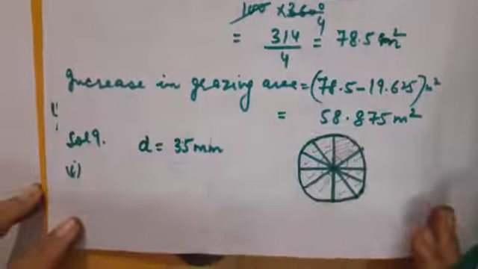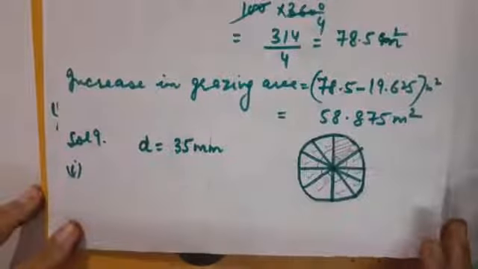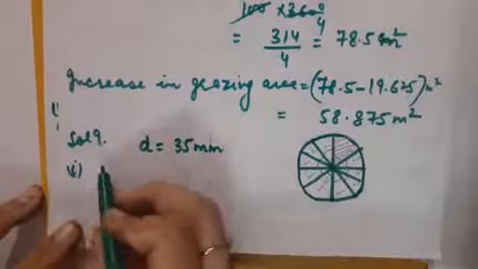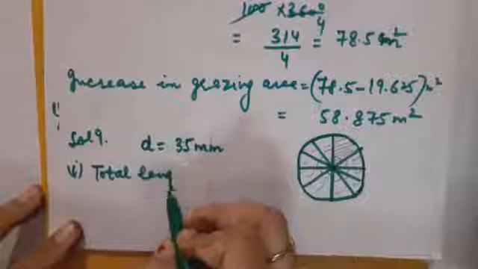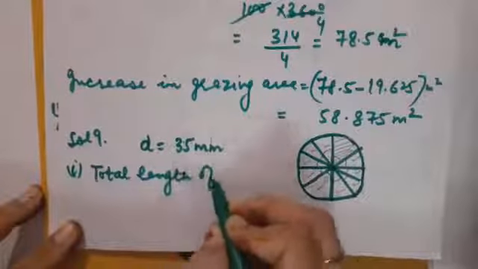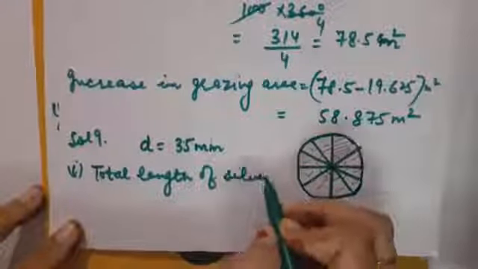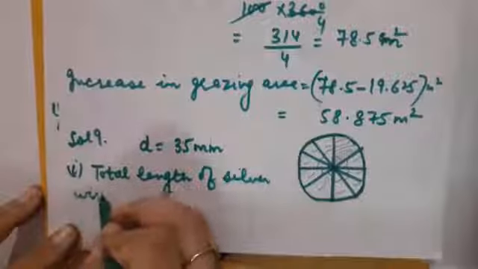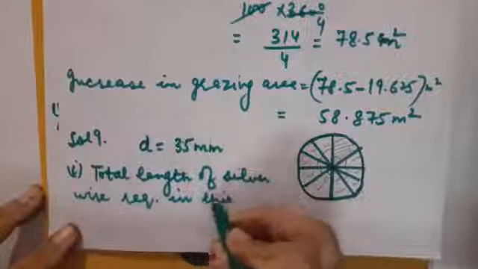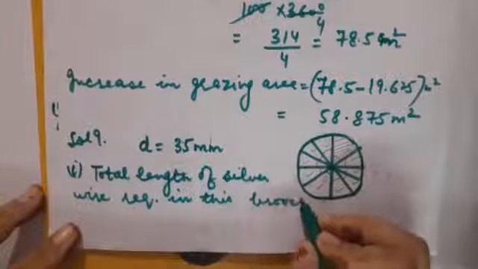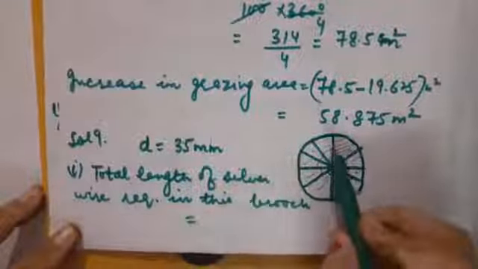We will have to calculate the total length of the silver wire which is required. So you will write total length of silver wire required in this brooch. See, where is the wire used?